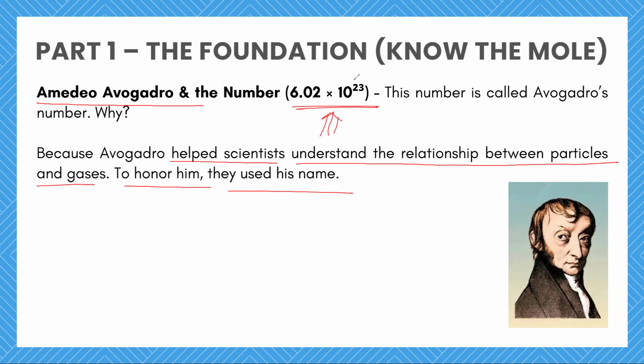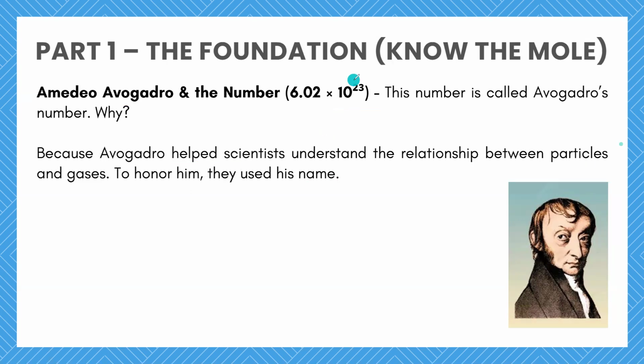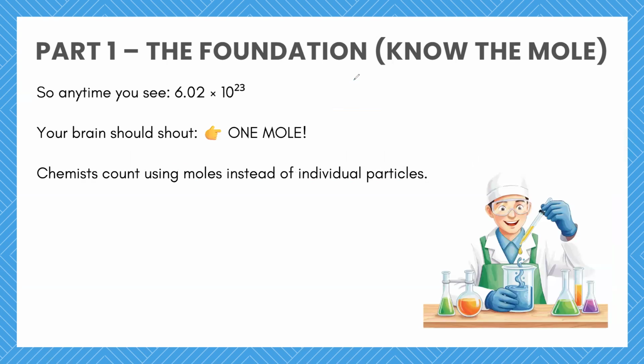It is called the Avogadro's number. I'm sure you're enjoying every bit of today's lesson. So anytime you see this number in chemistry, 6.02 times 10 raised to the power of 23, just simply call it 1 mole of a substance.